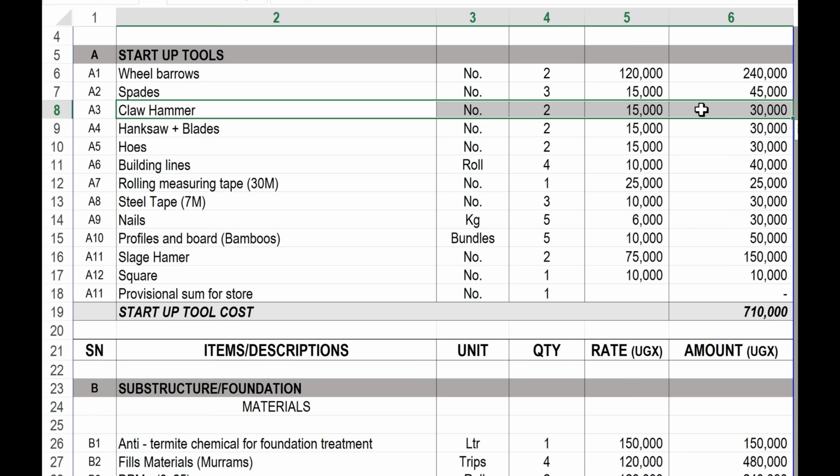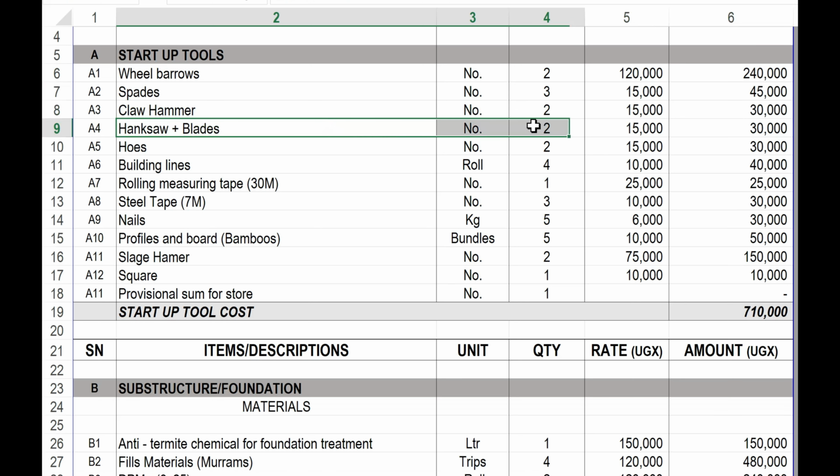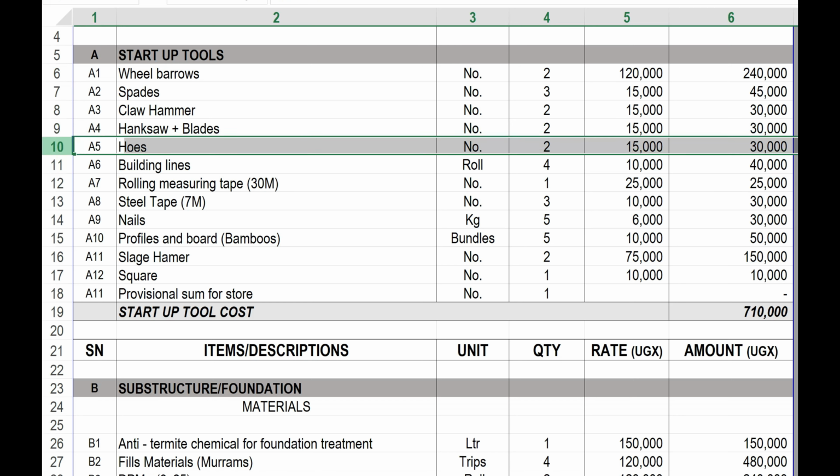We need like two, whereby one you can get at 15,000, summing up to 30,000. We might also need a hacksaw, and I think 2 are enough for this small house idea, summing up to 30,000.